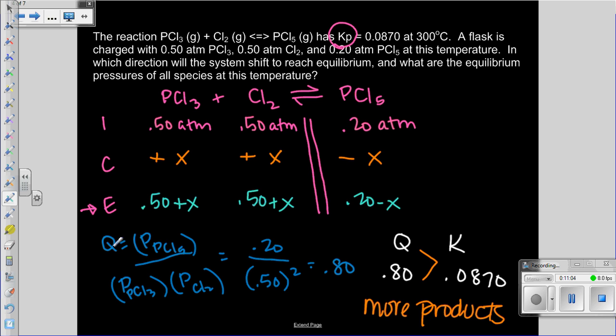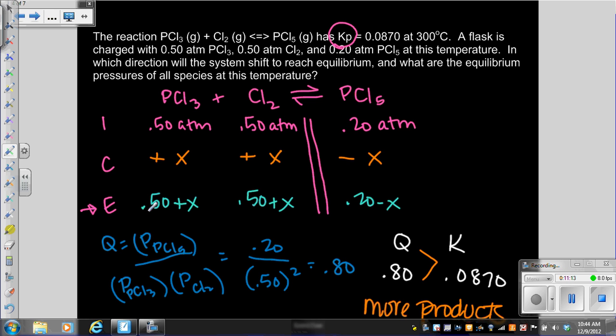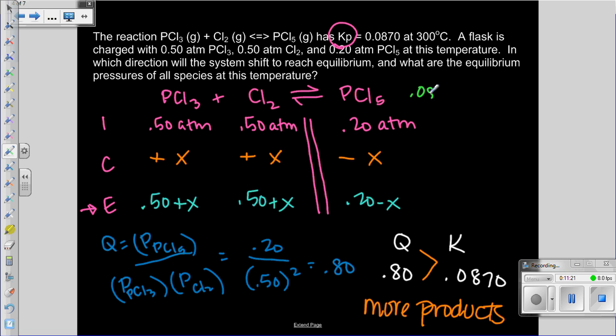So I would write the expression. I'm not going to rewrite this again because K is written the same way. If on an exam you were asked to write the equilibrium expression, you would want to rewrite this, but you'd want Kp here. So my Kp is given. It's 0.0870. That is equal to 0.20 minus x divided by 0.50 plus x, and that is squared.